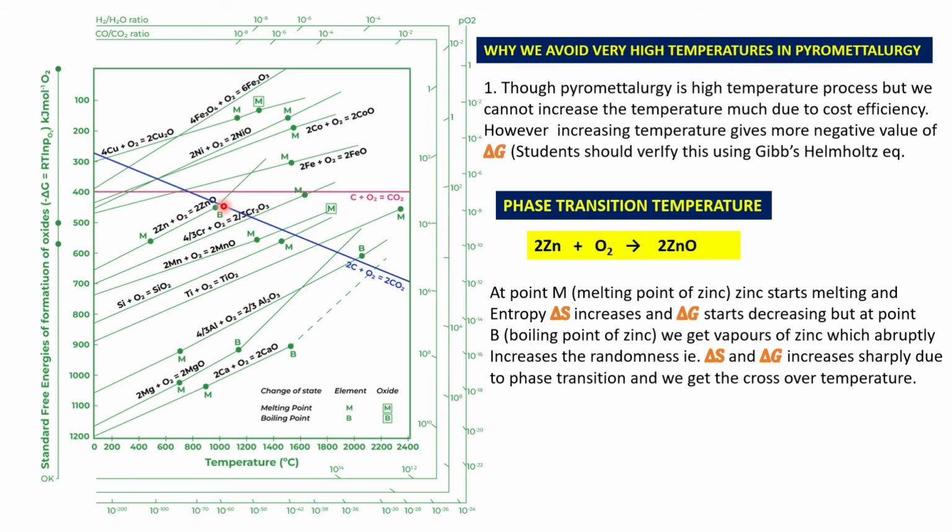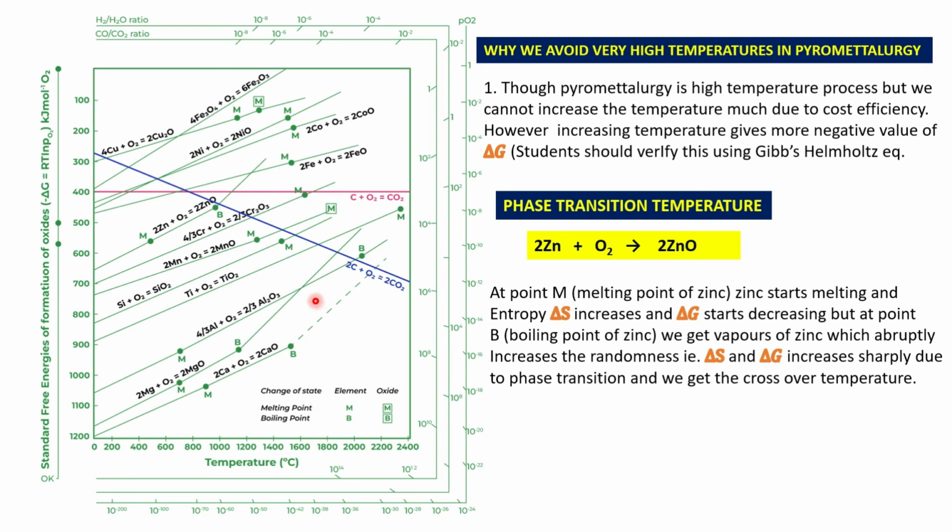This point is the point of intersection of the two lines. This cross point is actually the crossover temperature, please remember. And this temperature here is also a crossover temperature. If you draw the perpendicular here, you will get that crossover temperature.